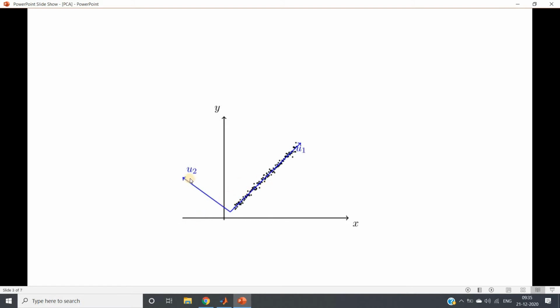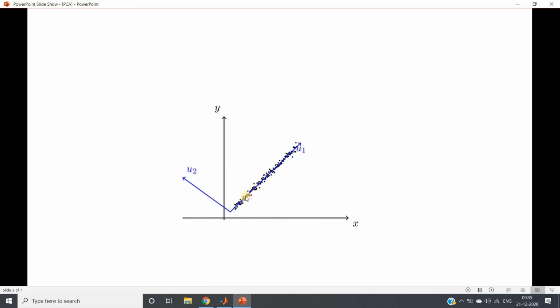The advantage of representing these data points using the u1 and u2 basis vectors is that for all these data points, the projection or component along u2 is very small, so small that we can consider it noise and neglect it.